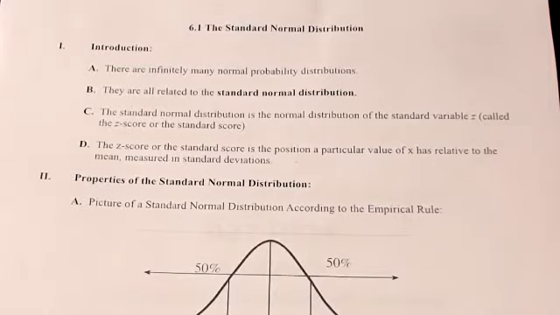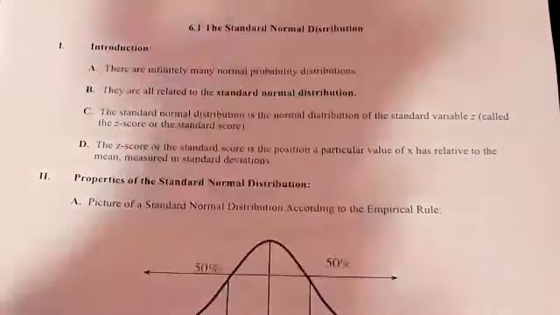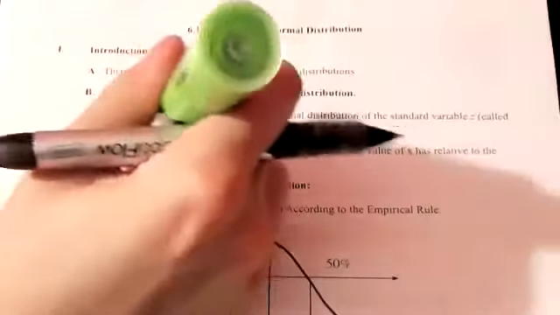Yeah, sure. A, there are infinitely many normal probability distributions. B, they are all related to the standard normal distribution. C, the standard normal distribution is the normal distribution of the standard variable Z called the z-score or the standard score.